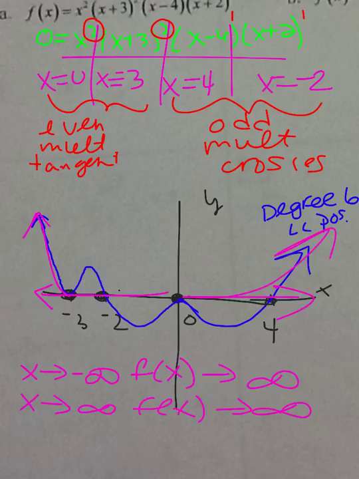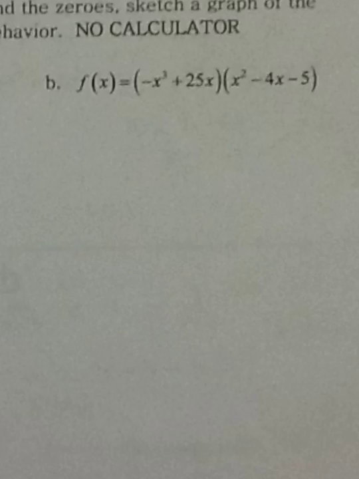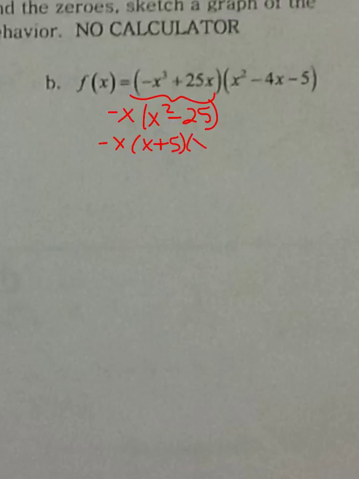All right, let's take a look at 9b. 9b is not in factored form, so we need to factor this. For the first one, I'm going to factor out negative x. So I get negative x times x squared minus 25. That's negative x times x plus 5 times x minus 5. And then this guy here factors and becomes x minus 5 times x plus 1.